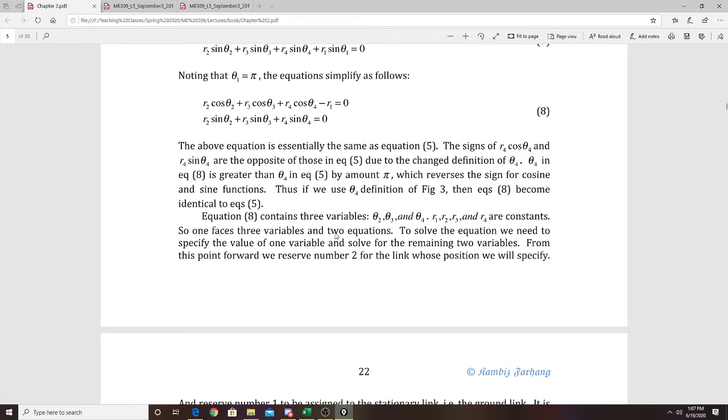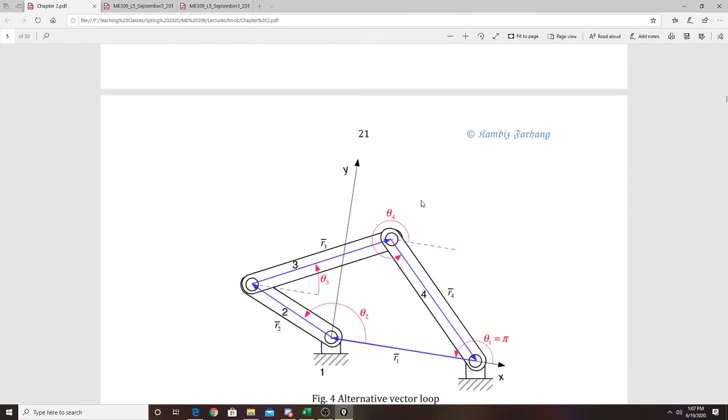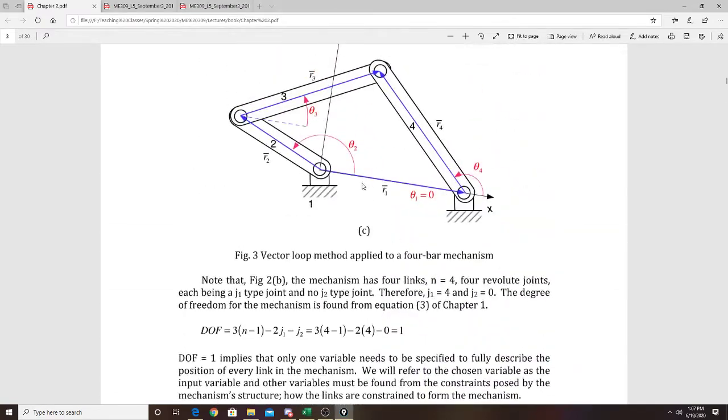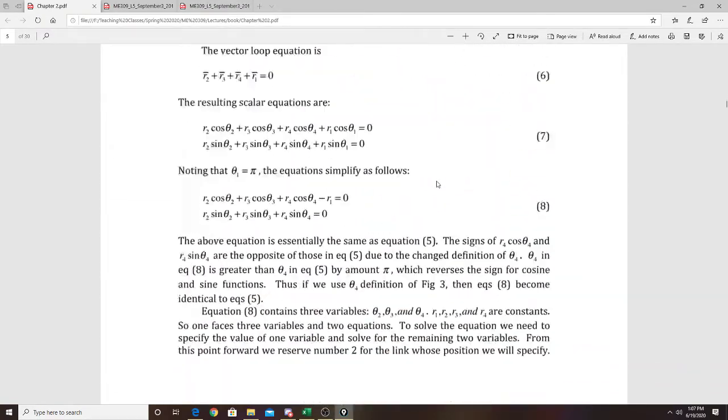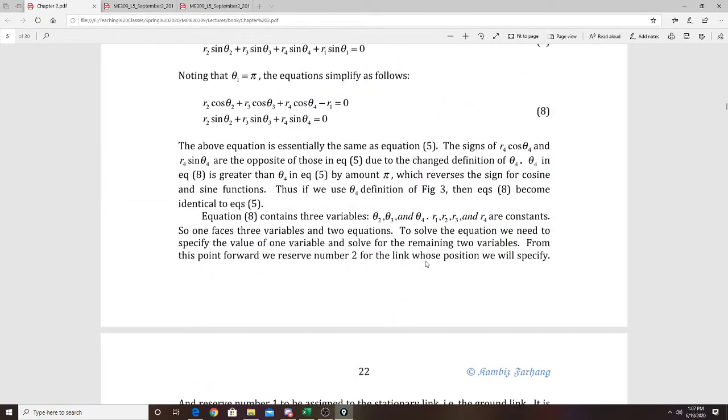Theta 4 in equation 8 is greater than theta 4 in equation 5 by an amount of pi, which reverses the sign for the cosine and sine functions. Thus, if we use the theta 4 definition of figure 3, which is this one, then the equations become identical to equation 5.